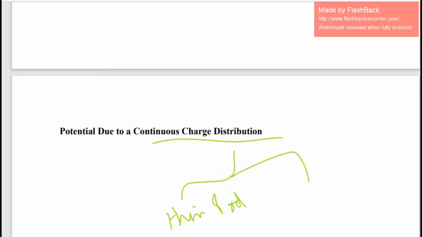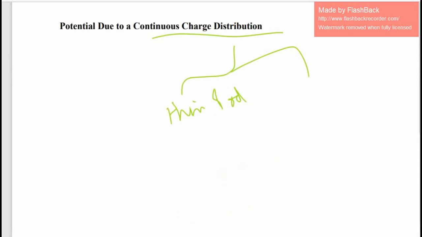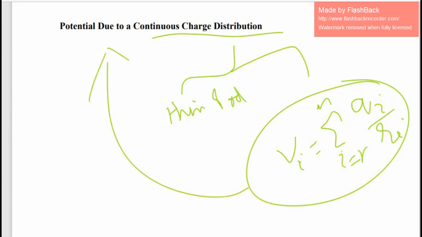So what do you think, can we use the equation of summation, V is equal to the sum from i equals 1 to n of q i over r?